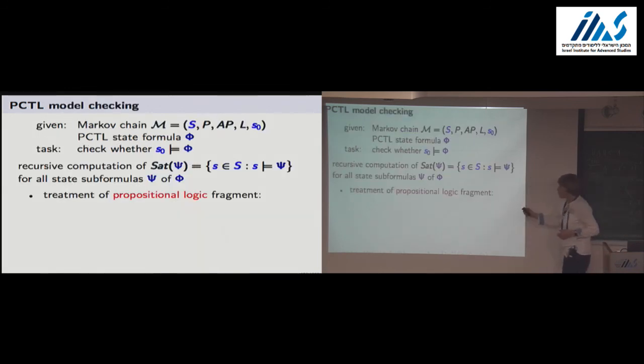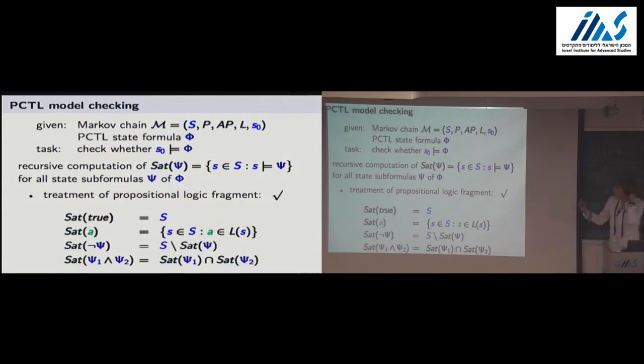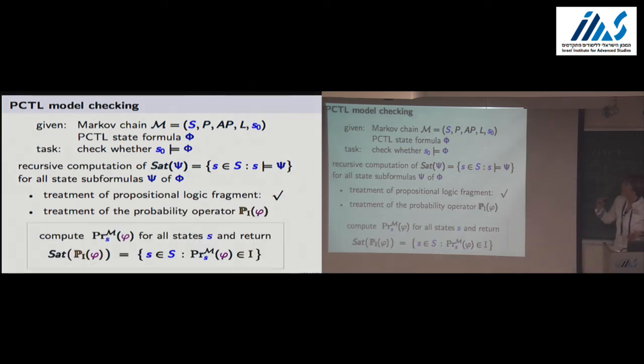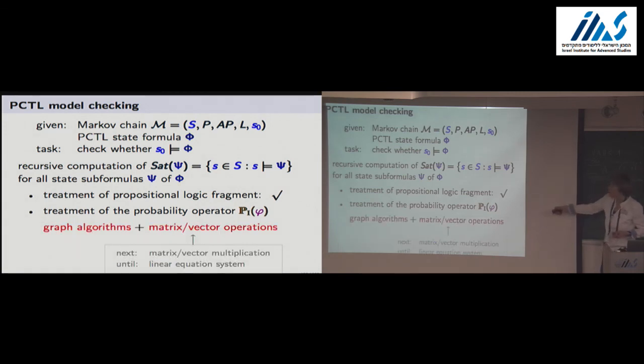Well, and now for the model checking, we can do what I explained before for PCTL star, evaluate inner formulas first. And in this case, for the probability operator, again, we want to compute these probability values.